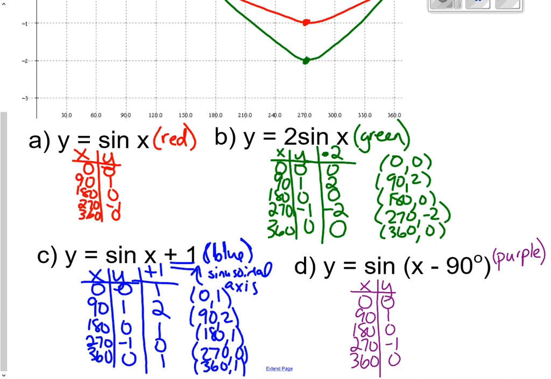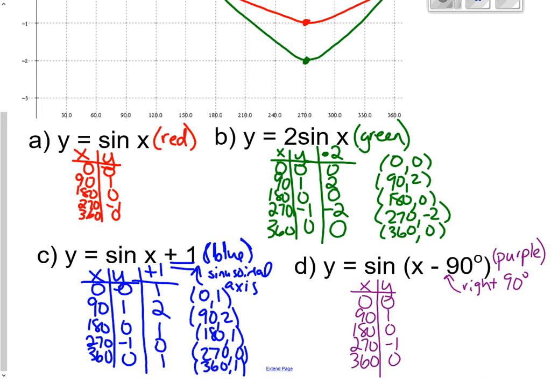And notice we have this -90 inside the bracket. So if we take it outside the brackets, it becomes a +90. What it's telling you to do is move this to the right by 90 degrees.